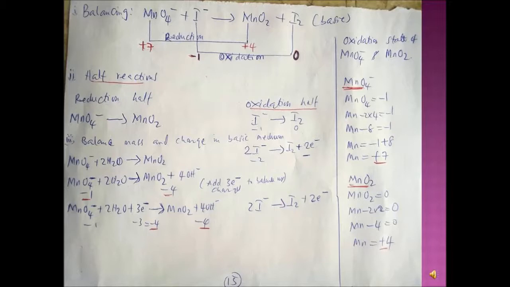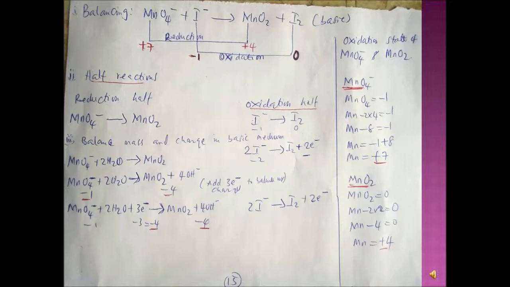So by so doing, we have balanced mass. Then after balancing for mass, you now balance for charge. Now that here has become -2 and here is 0, all you need to do is to add 2 electrons by this side where we have 0, so that here will be -2 and the other side will also be -2. And by so doing, we have our iodide to iodine equation balanced.